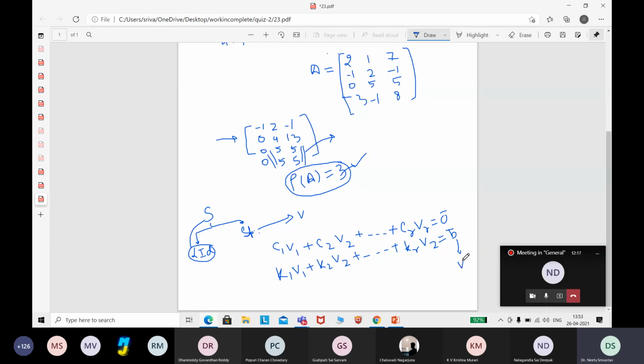You can say that the given set spans another set only if every element in the particular set can be written as a linear combination of S. So you just see what I can check here.